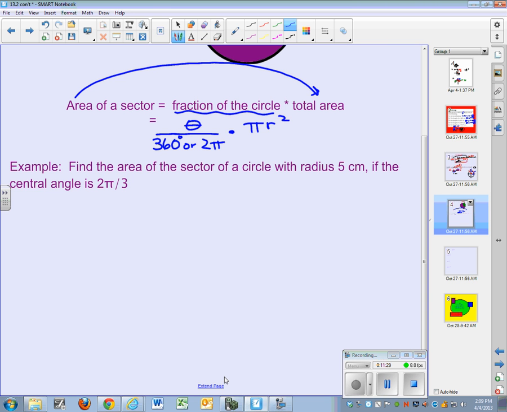So this time we're looking for the area of a sector. Make sure you read carefully to know if you're finding area or arc length, because you're going to have problems with both today. Area of a sector with radius of 5 and central angle 2 pi over 3. So this is theta. Fill in to our formula what you already know.